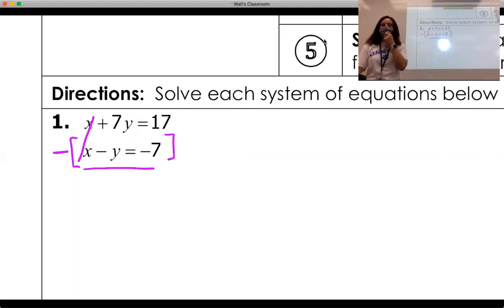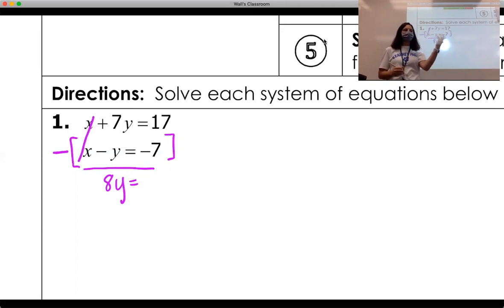So it's positive 7 plus y, which would give us 8y. And then on the last one, we have 17 minus negative 7, or 17 plus 7. If you had 17 plus negative 7, that would be different. If we have 17 plus positive 7, it's 24.